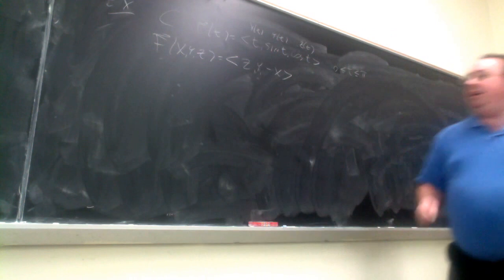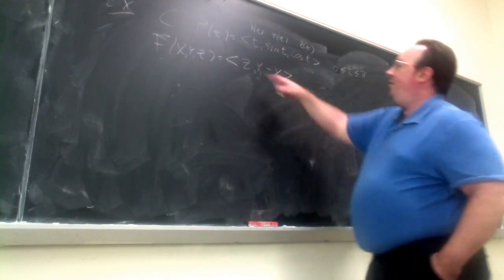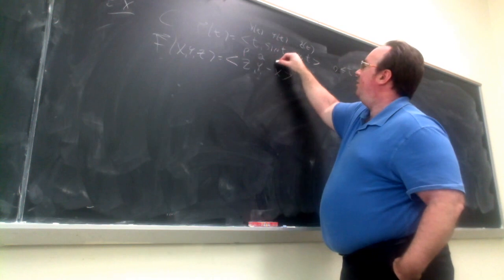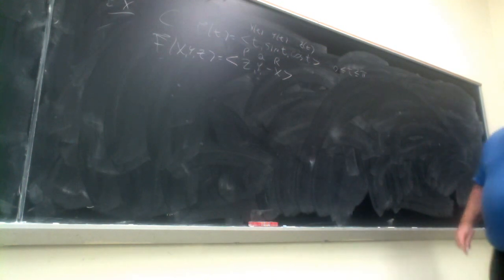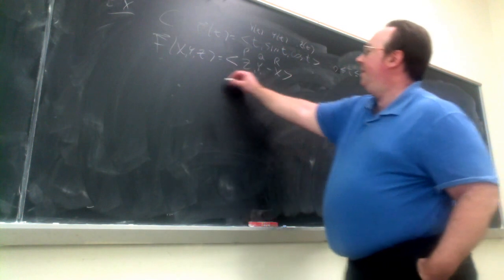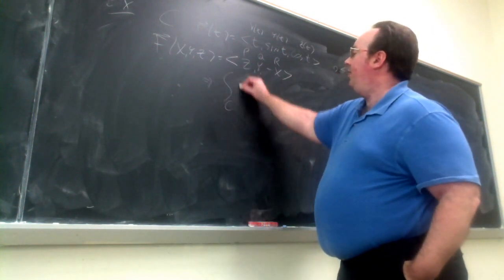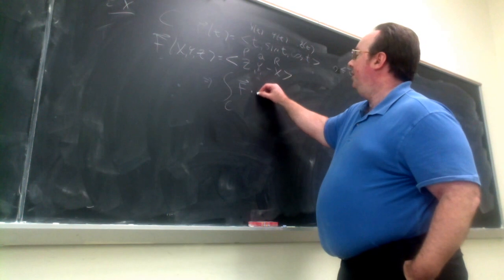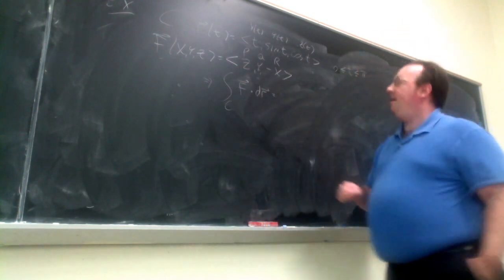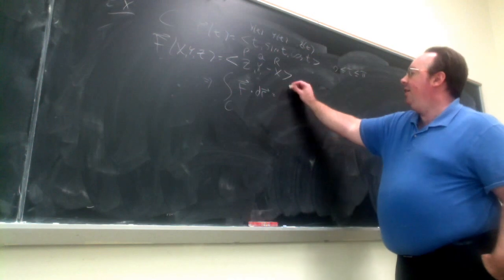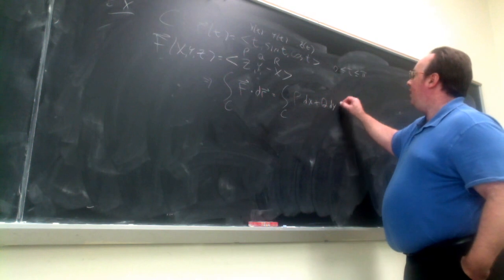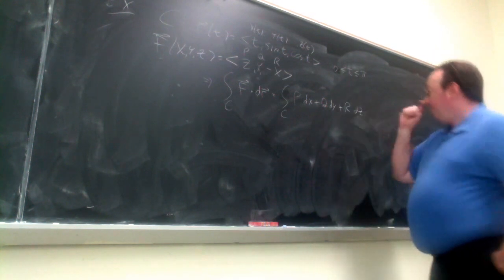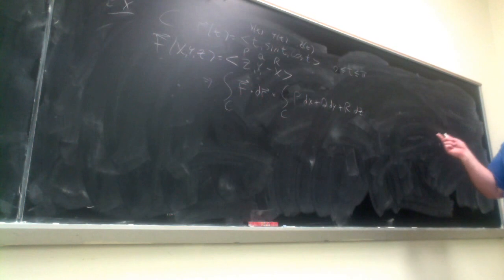So in the notation on the other board, these are your three components, P, Q, and R. So the line integral over the curve C of the vector field F, but I can also write that as the integral over the curve C of P dx plus Q dy plus R dz. And now I can fill in what your components P, Q, and R are.